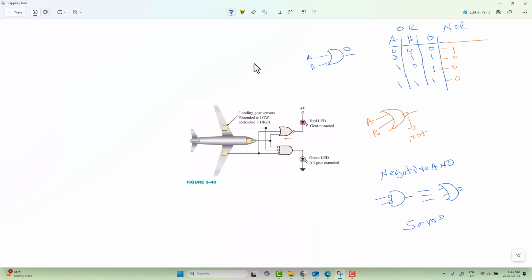It's just an engineering thing. I don't want to get into detail that distracts us from the subject matter. Just keep in mind that they are exactly the same functionally. For practical reasons, it is a good idea to connect the NOR to the cathode and the negative AND to the anode, but functionally, they are exactly the same.